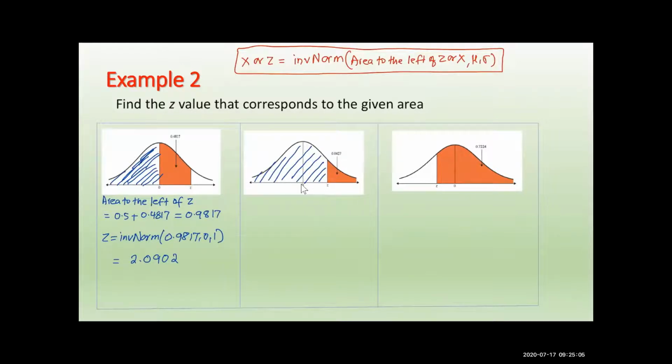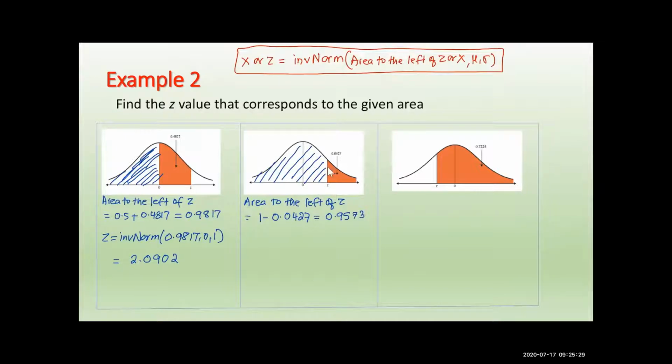So let's first write that. Area to the left of your z-score is equal to 1 minus 0.0427. When you subtract that in your calculator, you should get 0.9573.